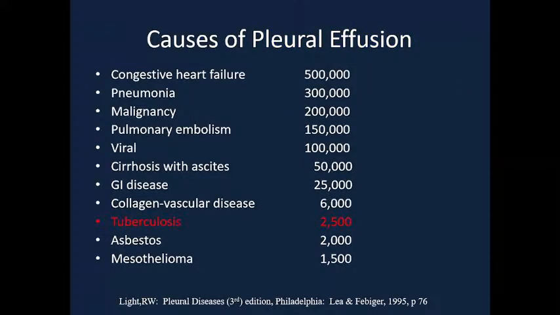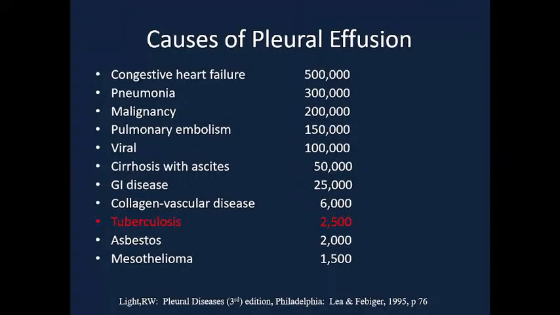So what are the causes of pleural effusion? This is a table from a global view, and would be different if we were looking at a local view, a Kenyan view.